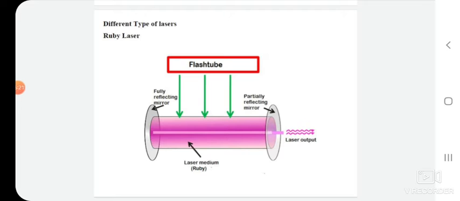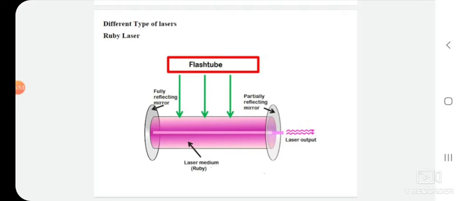This emitted light travels towards the two mirrors, whose cross reflection of this light takes place, and the stimulated laser light escapes from the partially polished mirror in the shape of a laser beam.